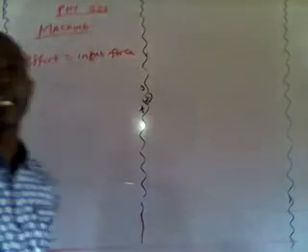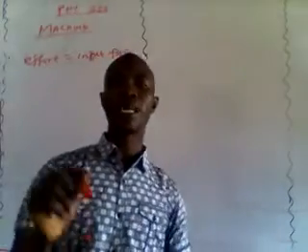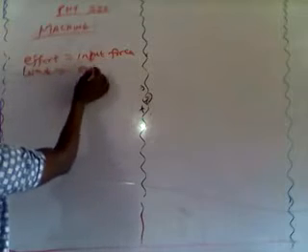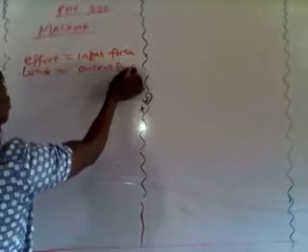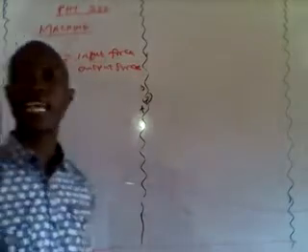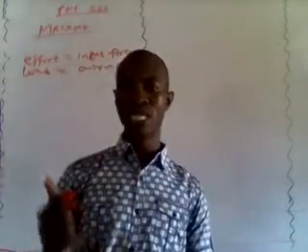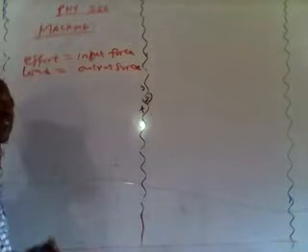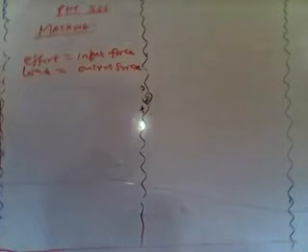And the load being raised by that machine is what we call the output force. So that's why we define a machine as any tool which allows an input force to be applied at one end in order to overcome the resistance at the other end.